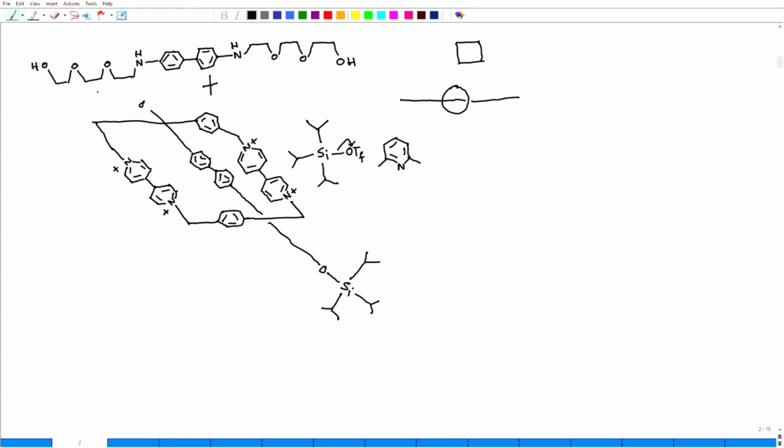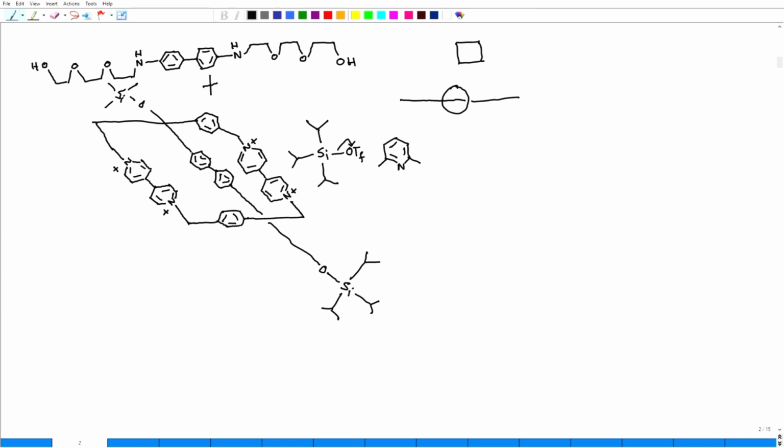Here and here I have silicon and stopper. I am not writing this. But here also same thing. So these are now stoppers, and stoppers are somewhat much bigger than OH. So what will happen? This macrocycle will not easily come out, and that is why it is rotaxane. So rotaxane is synthesized.